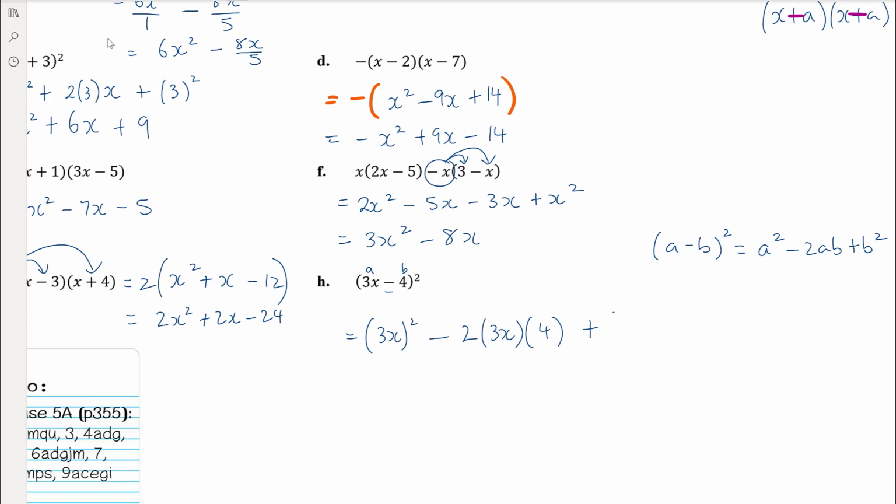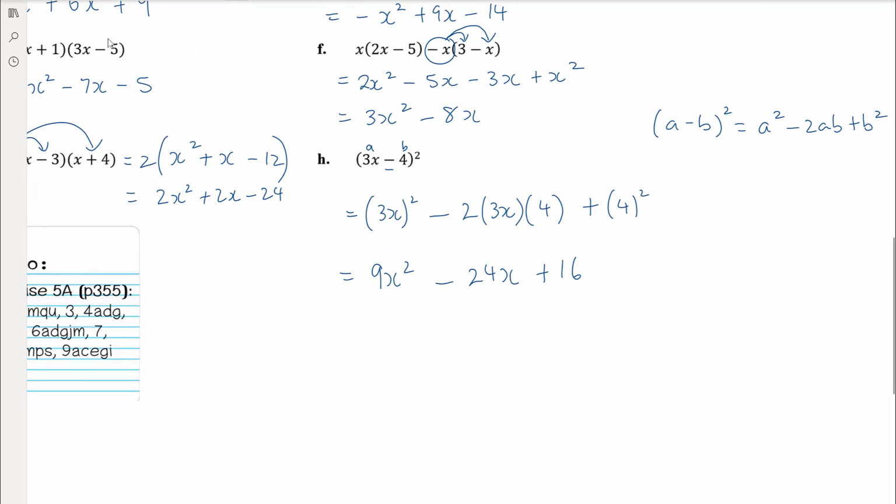I'll write out the 4 squared. Again, I wouldn't write out this line. I would do that simplifying as I go and just get straight to my final answer, which is 9x squared, take away 2 times 3x times 4, so that is 24x, and then plus 4 squared, which is 16.